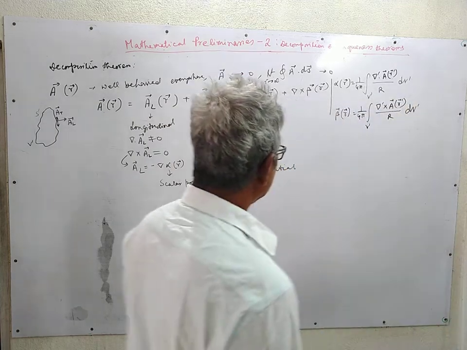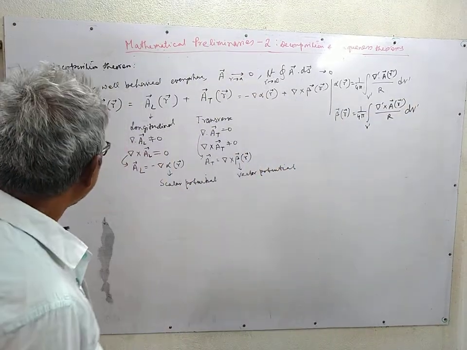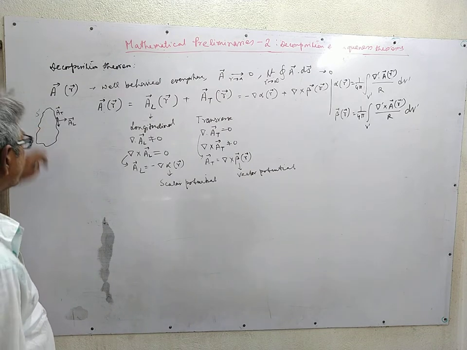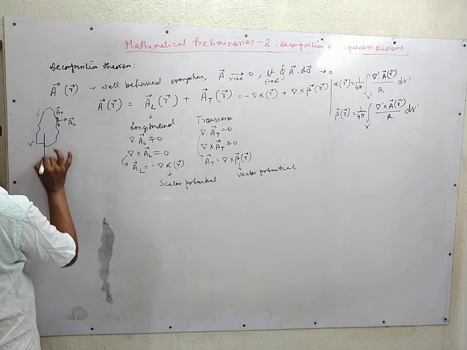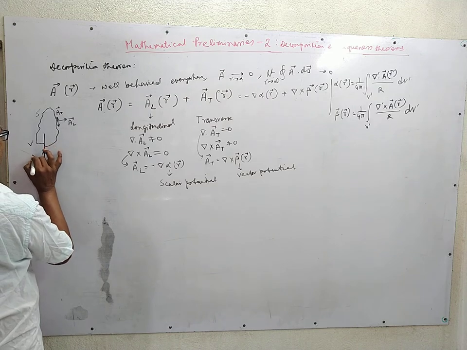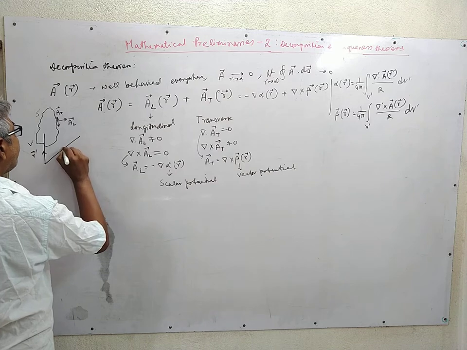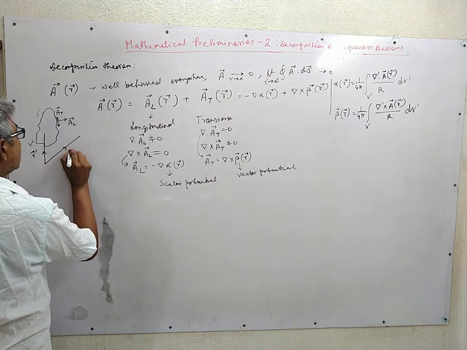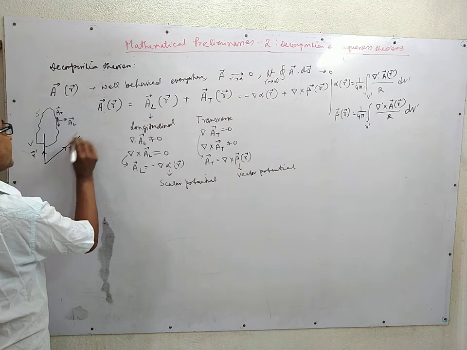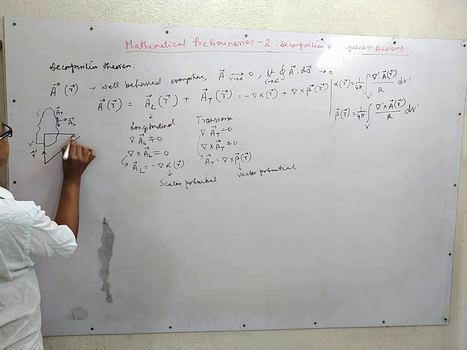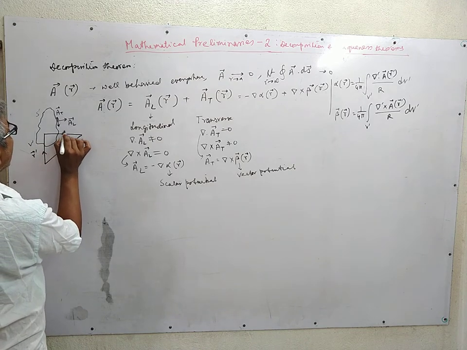Let us now first explain the symbols. If we consider any point within this region, we call it the source point, with prime coordinate. This is the source coordinate. And if we calculate the vector A at some other point, this is called a field point, and this is the vector r.